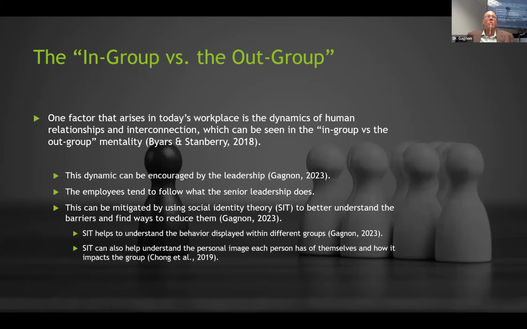If you want to know the theories that really help explain this, you can look at social role theory, social identity theory, social exchange theory. And we've got to look at how we treat people. The employees tend to follow what the senior leadership does. So if I push Riley out, the team is going to begin to push Riley out, unless you as a team have really done the work and know who you are as individuals.